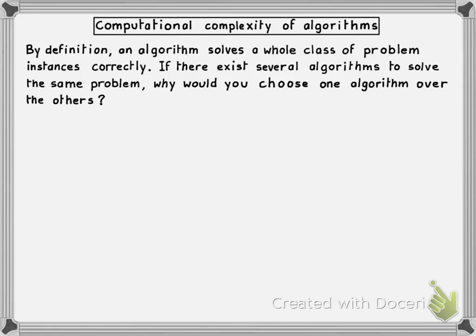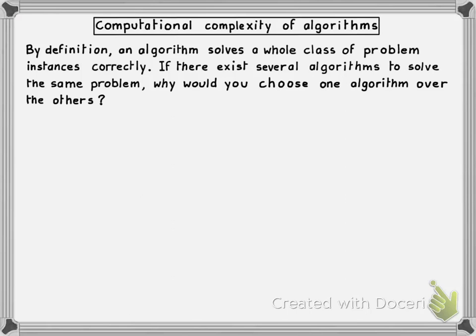Well, one possible criterion you could use is to pick the algorithm whose pseudocode description is the shortest. Presumably, a shortest algorithm will be fast to implement. Now, that's not a very common criterion. The more common one is to choose the algorithm whose pseudocode is not necessarily the shortest, but rather the easiest to understand.